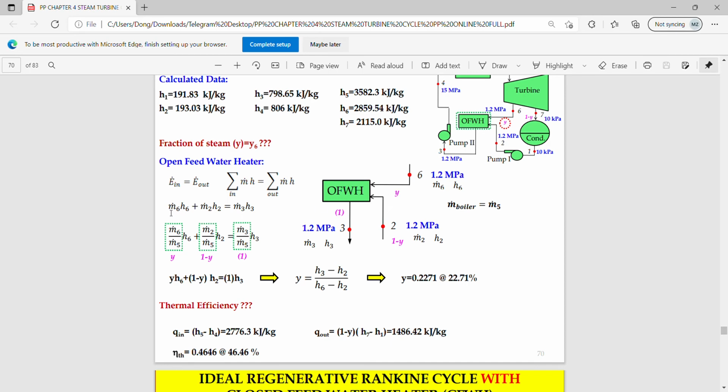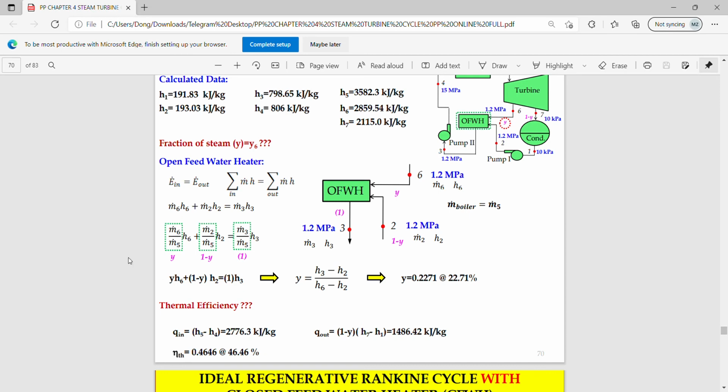So we make the equation: m6 h6 plus m2 h2 equal to m3 h3. M6, M2 and M3, all of this we need to divide by the M boiler. M boiler is M5.